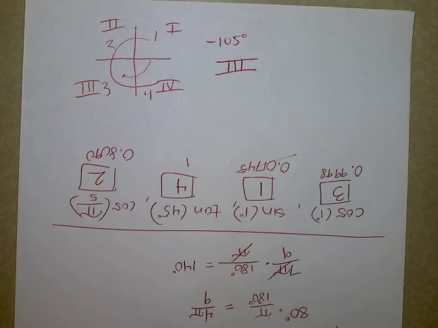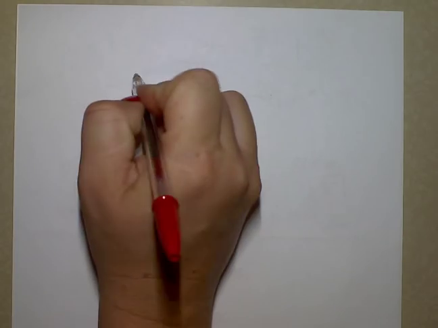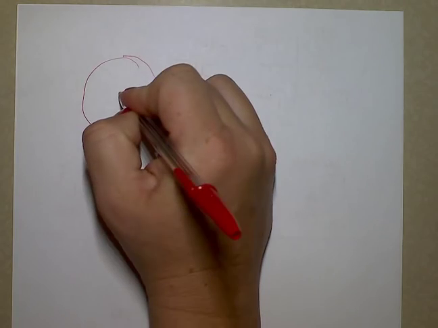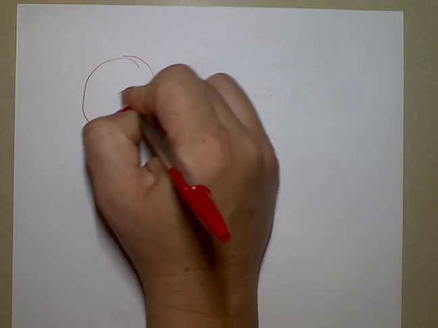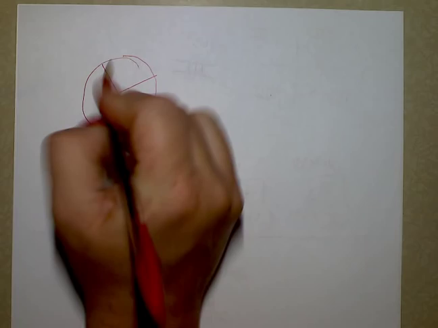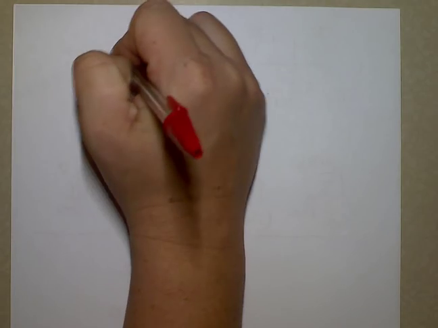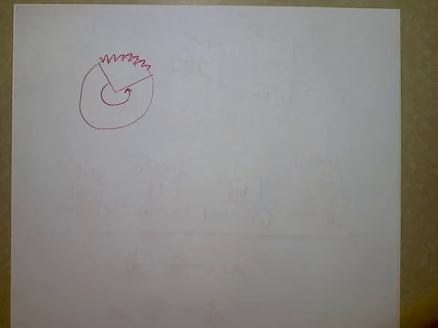Okay, here's your next one. Please make a circle. I'll give you a chance to draw the picture that I'm drawing. Please draw this picture to start with.